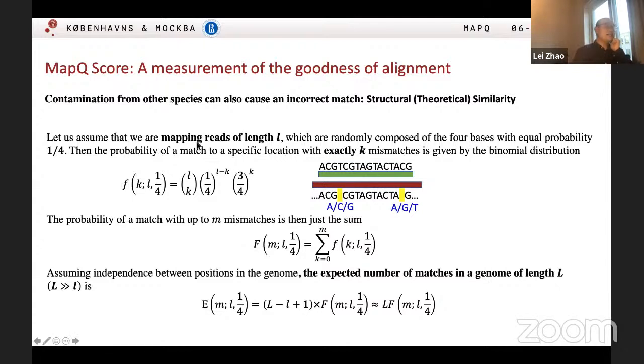Imagine we consider an extreme case. We have a short read of length L, which is from an external organism, not from the endogenous genome.